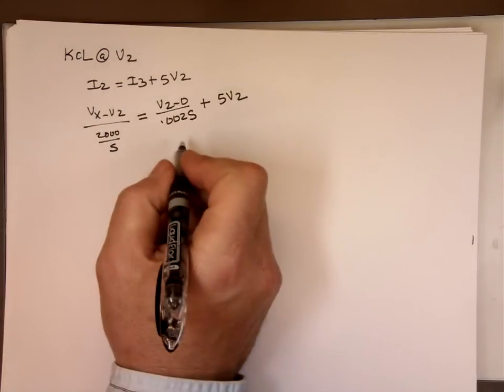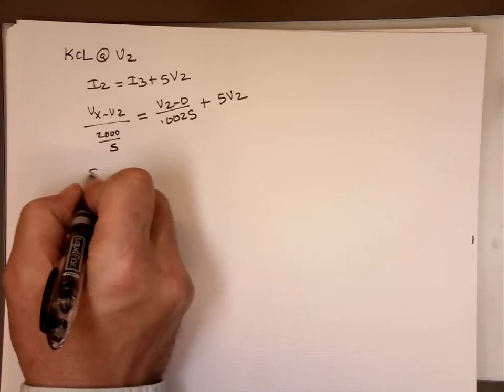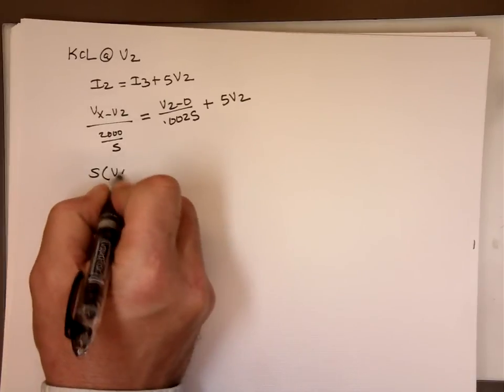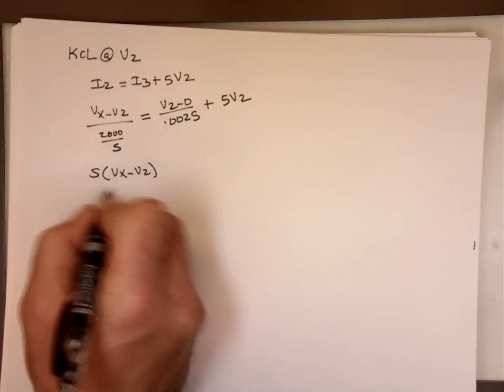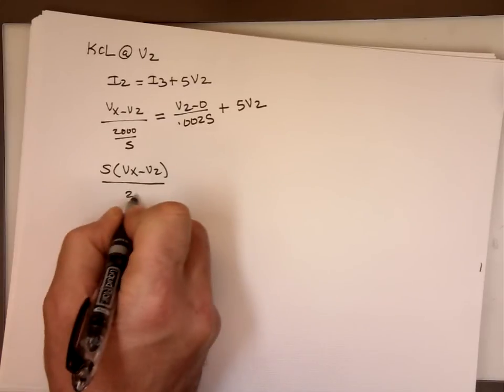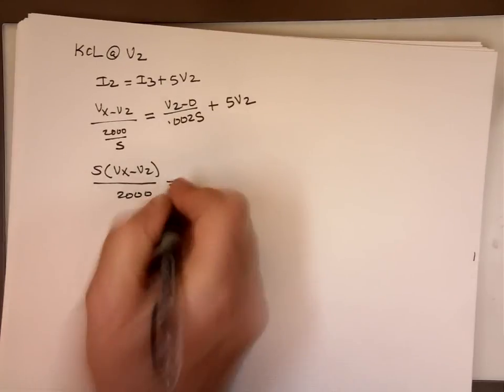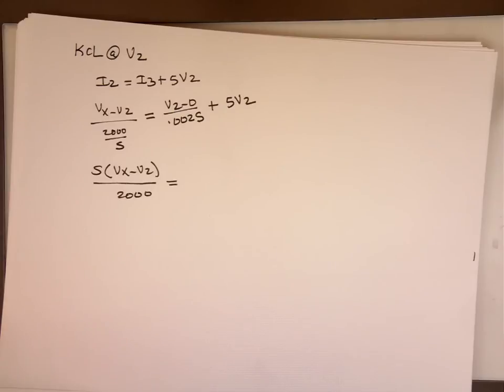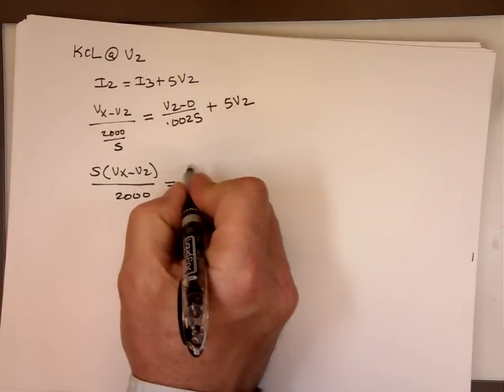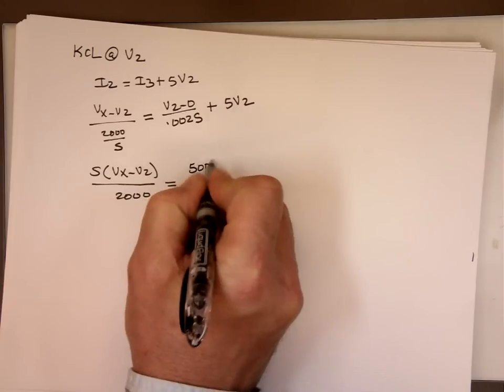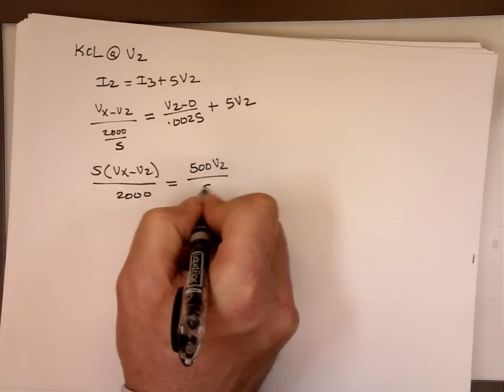So S times Vx minus V2 over 2000 equals 1 divided by 0.002, that's 500, V2 over S, plus 5 V2.